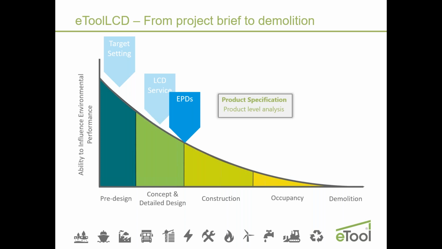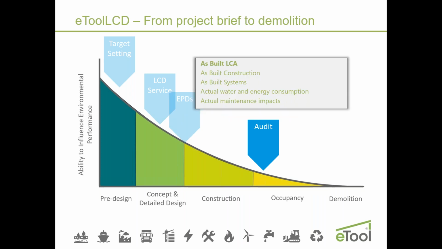And we have the product level analysis sometime prior to the construction, where you can use EPDs to inform product specifications. And finally, the as-built audit, where you can assess the building in a high level of detail to inform the client and the design team on the environmental gains you achieved throughout the whole LCA process.